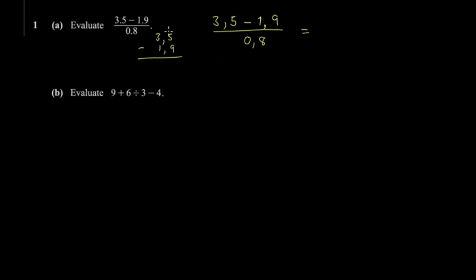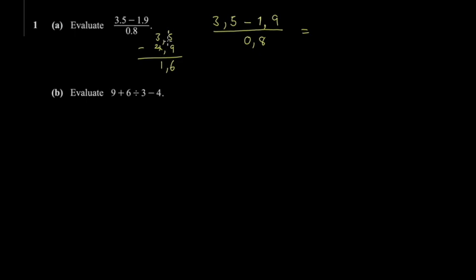So 35 minus 19, you get 16, and then you'd cancel... so this one, 15 minus 9, you actually get 6, and 3 minus 2, you just get 1. So it's 1.6 like this.